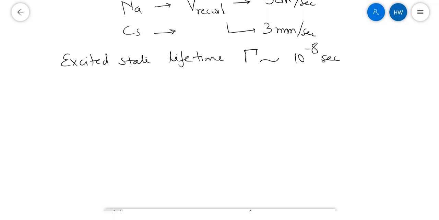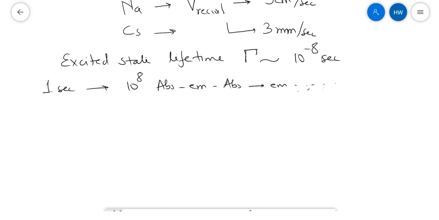What that tells you is that in 1 second, I would make about 10 to the power of 8 absorption-emission cycles. If I count these, I'll get about 100 million cycles in a second. That is what this excited state lifetime tells me.